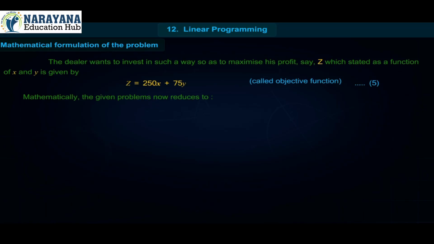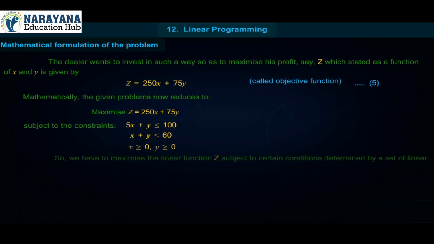Mathematically, the given problem now reduces to: maximize z equals 250x plus 75y, subject to the constraints 5x plus y is less than or equal to 100, x plus y is less than or equal to 60, x is greater than or equal to 0, y is greater than or equal to 0.